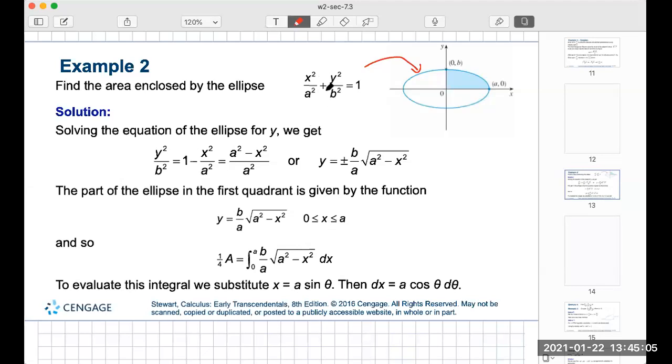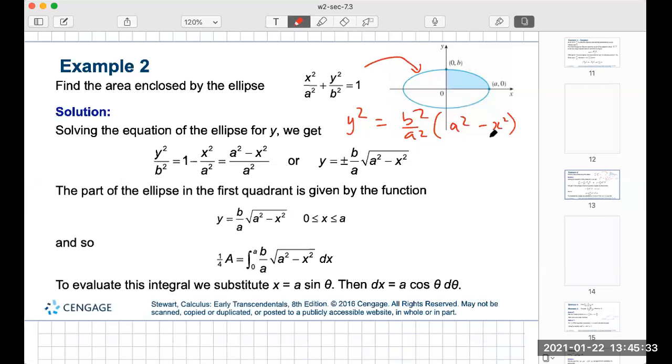So from this relation, if we subtract both sides by x squared over a squared, and we do some algebra, then multiply b squared both sides, we have y squared is b squared over a squared times a squared minus x squared, right?